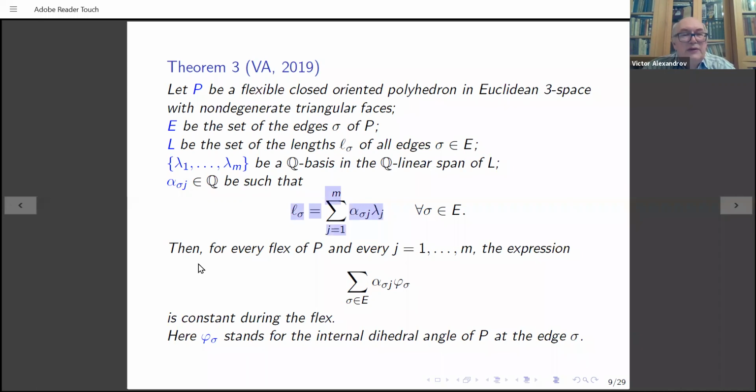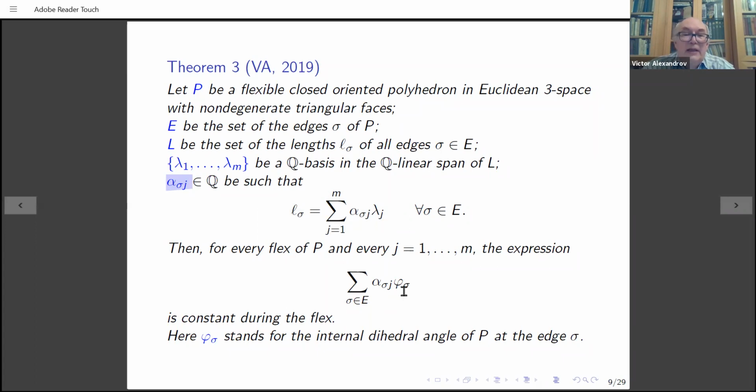Then the conclusion of the theorem is that for every flex of P and every j equal to 1, etc., m, the expression is constant during the flex. In this expression, alpha sigma j are exactly those rational numbers that appeared in the previous formula.